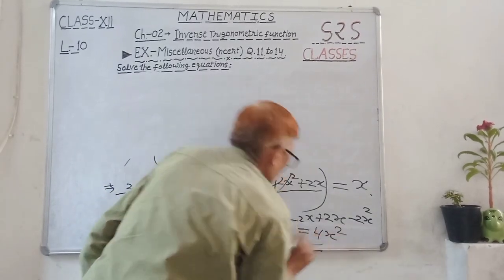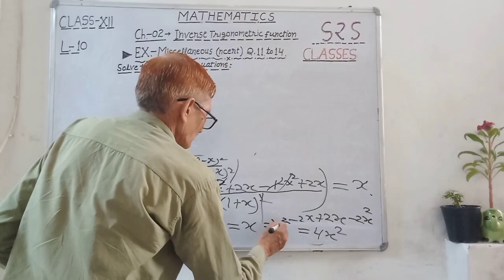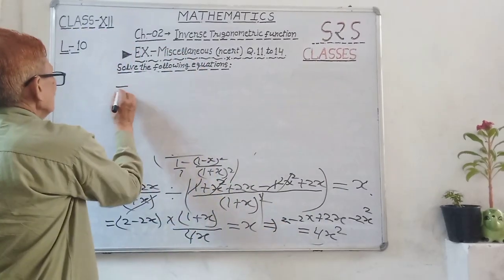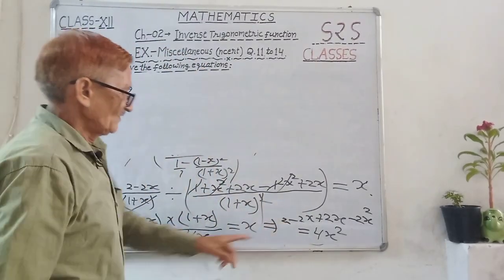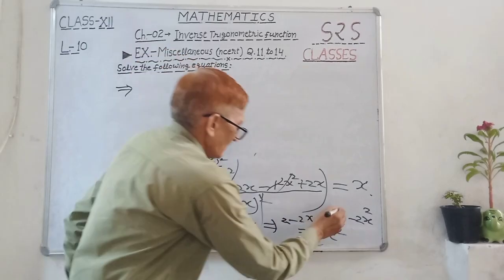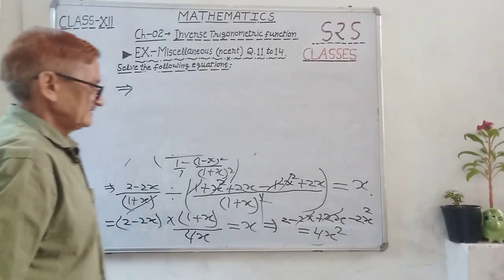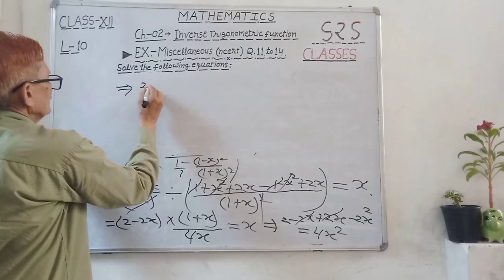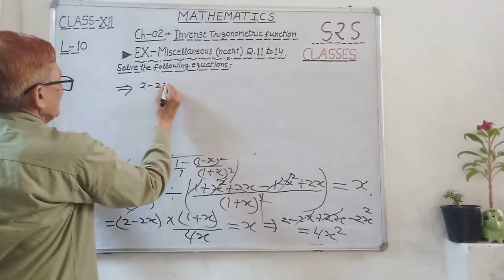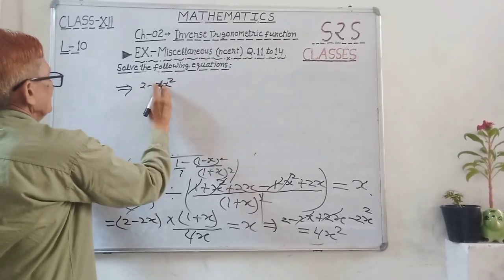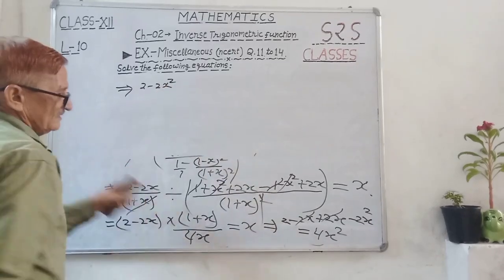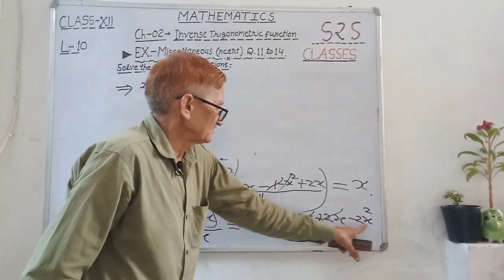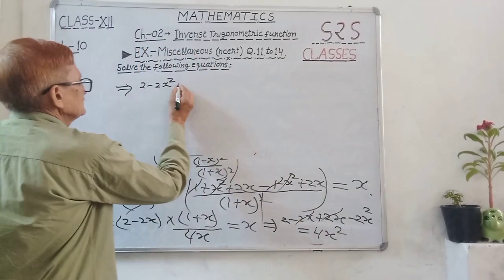Then take that side and write 4x into x, that is equal to 4x square. Okay, after that from here simplify forward, plus 2x minus 2x cancel, then 2 minus 2x square is equal to 4x square.